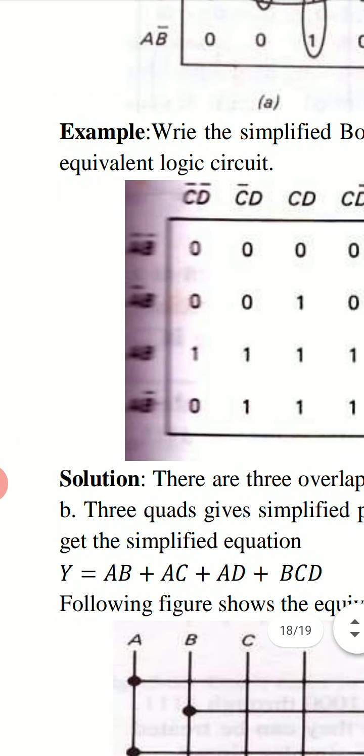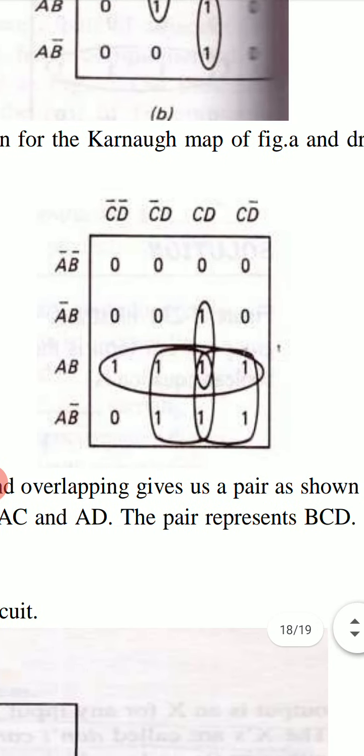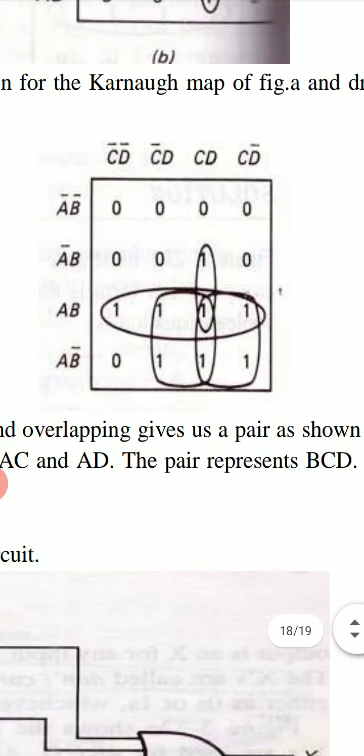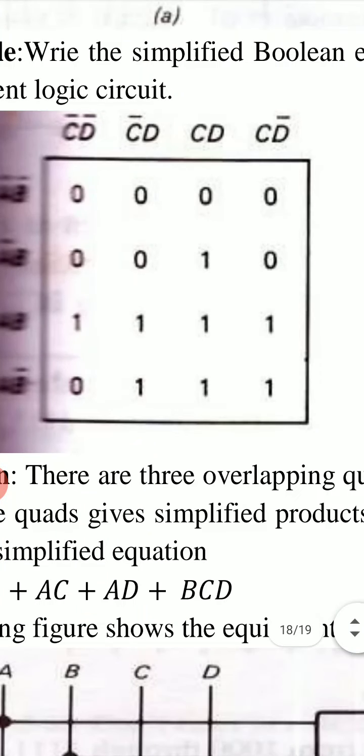Now we consider an example. Write the simplified Boolean equation for the Karnaugh map of figure A and draw its logic circuit. This is the Karnaugh map. We have to draw a logic circuit for this Karnaugh map. For this Karnaugh map, we first look at octet. There is no octet. Then we look at quads.